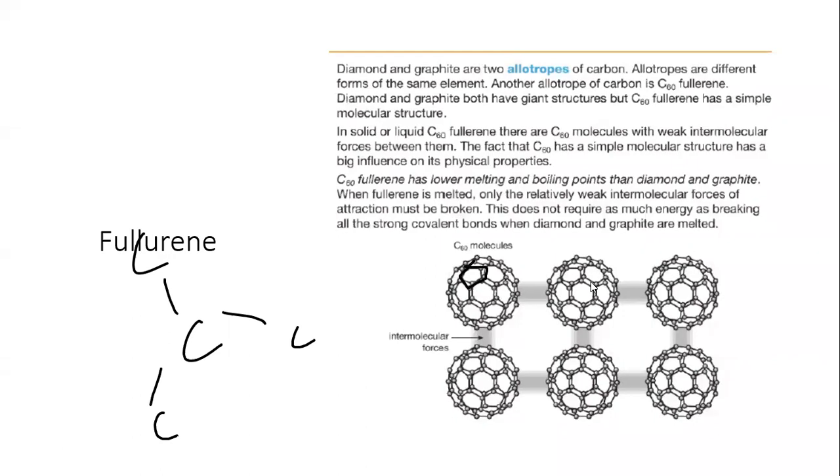So in graphite, we said that since there are only three bonds, the fourth electron will be free and delocalized. It can conduct electricity. Now, fluorine has the same logic. It also has one free electron that is not involved in bonding. So that is also free and delocalized.